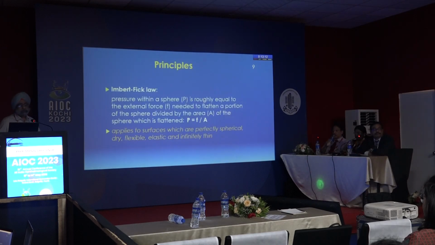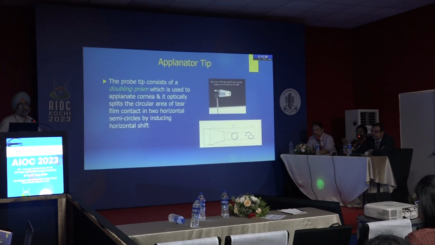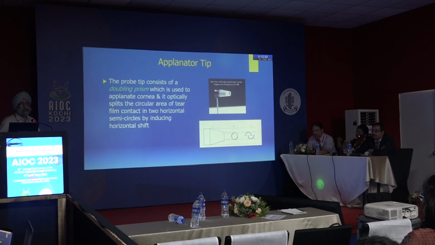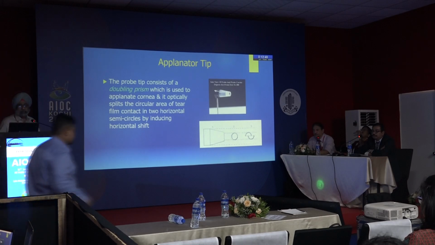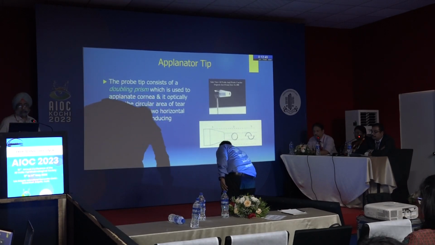The principle is the Imbert-Fick law, but this law applies to surfaces which are perfectly spherical, dry, flexible, elastic and infinitely thin, which the eye is not. So it requires modification. For that we have a specific size of the prism that helps us find this out.